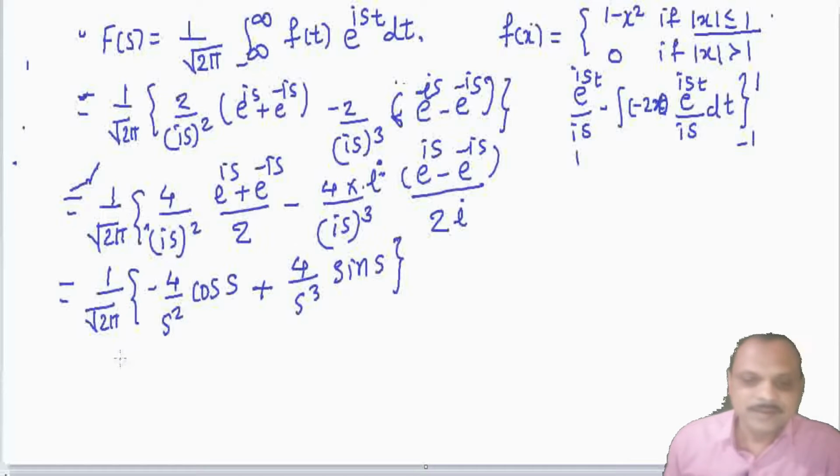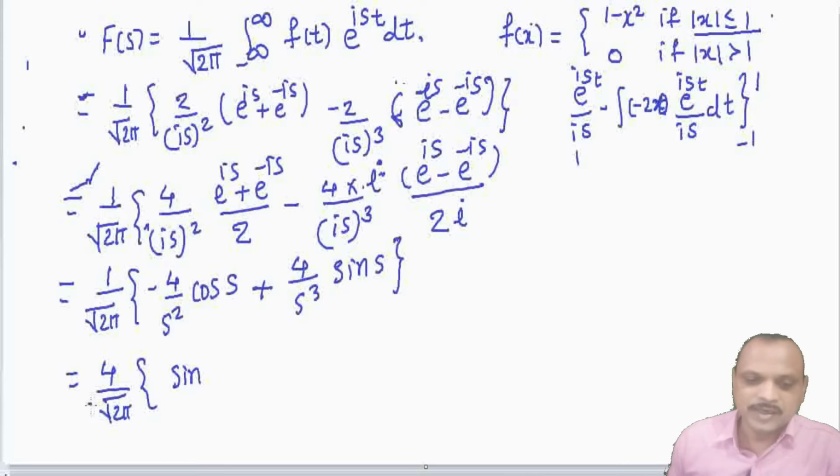So we can take 4 common and s cube common: 4 divided by under root of 2 pi into s cube common, sine s minus s into cos of s.